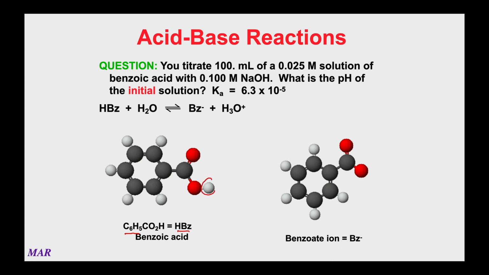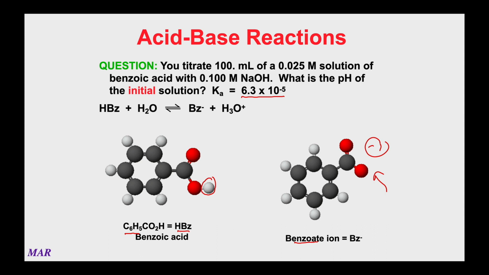This is the acidic hydrogen right there. The hydrogens on the benzene ring usually don't come off very easily. Anyway, benzoic acid has its own Ka value, 6.3 times 10 to the minus 5. It reacts with water. It makes the benzoate ion. Notice that that H plus is missing, so this has a -1 charge now, and also some hydronium.